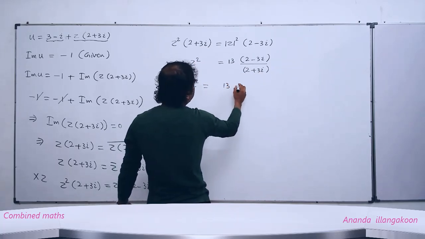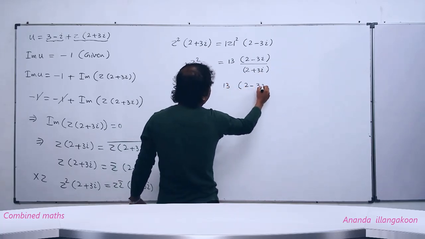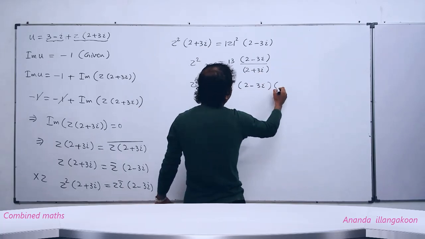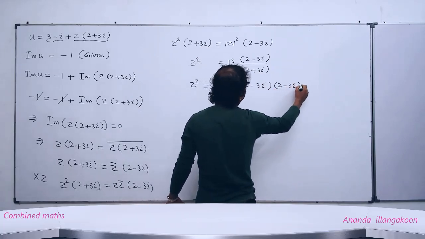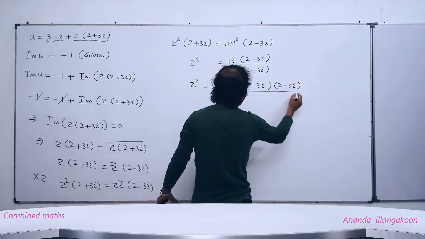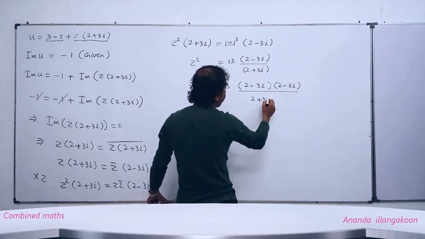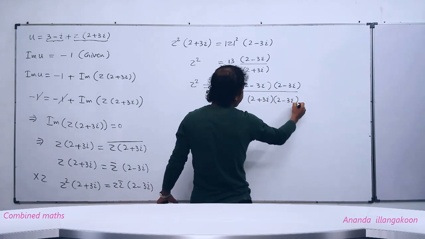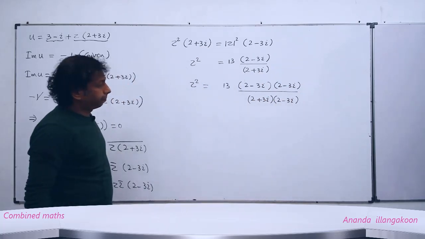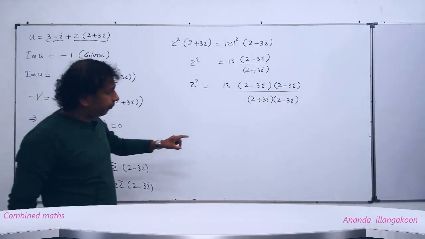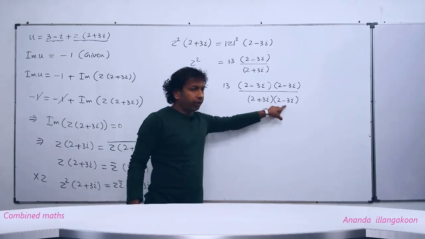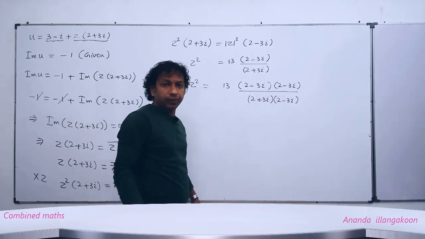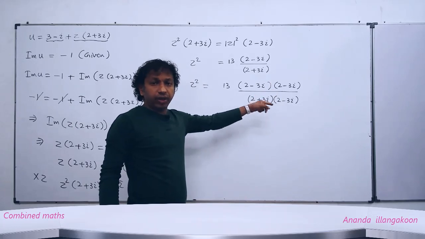Now 13. We multiply this by the conjugate of the denominator. It is 2 minus 3i. Then here we can write (a plus b) into (a minus b) means a squared minus b squared. That means 2 squared minus (3i) squared, 13 coming.